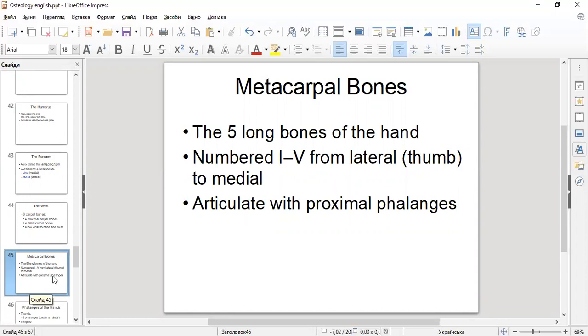Metacarpal bones consist of the 5 long bones of the hand, numbered from 1 to 5, from lateral thumb to medial. Articulate with proximal phalanges.